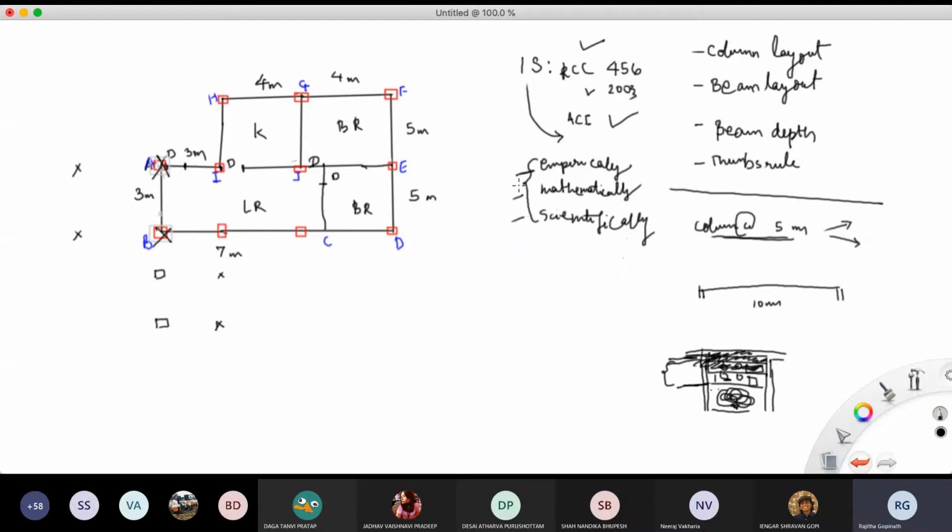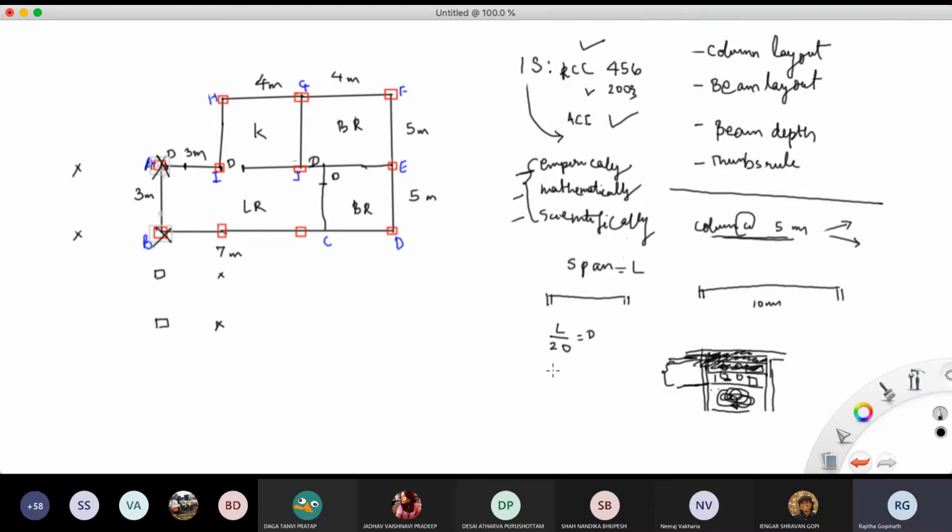What I have been taught in my engineering and what the IS code IS 456 says is that if your depth, if your span is L and your beam is a simply supported beam, yeah, यहाँ पे एक column है, ऐसे beam है और यहाँ पे दूसरा column है. Yeah, if your beam is simply supported, then the depth of the beam is going to be L divided by 20.